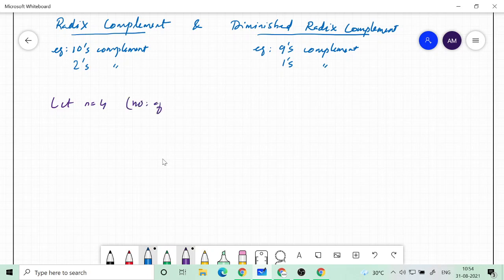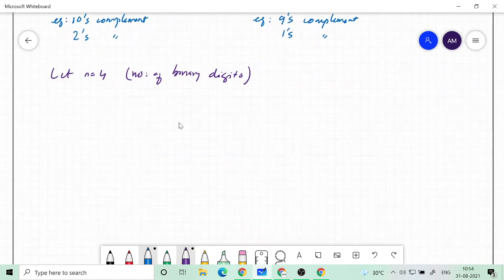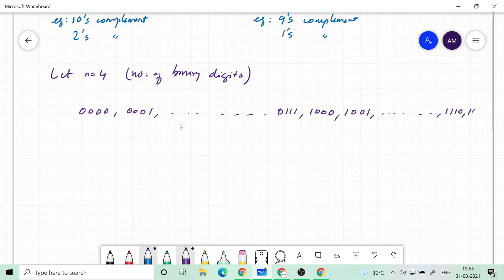With 4 binary digits, if it is only positive numbers, we can represent from 0 0 0 0, that is the first one, then 0 0 0 1, and this way you can go, up to 1 1 1 0 and 1 1 1 1. So these are the 16 possibilities with n equal to 4.